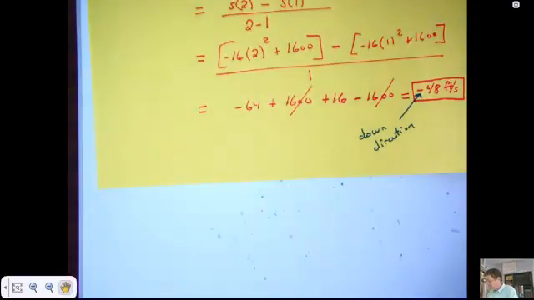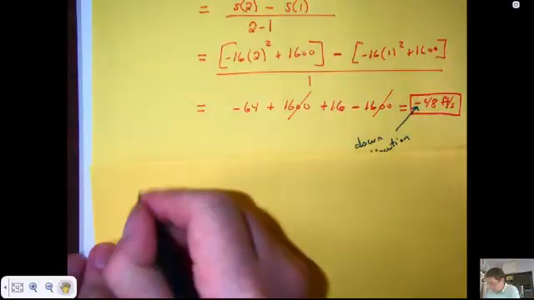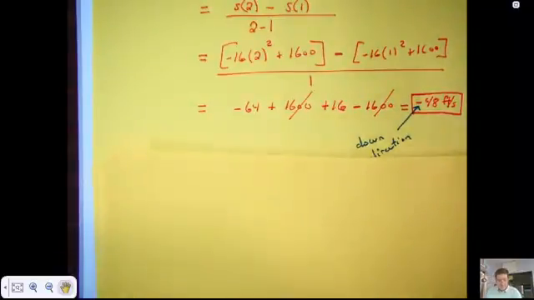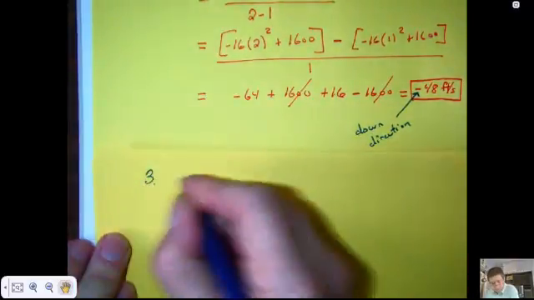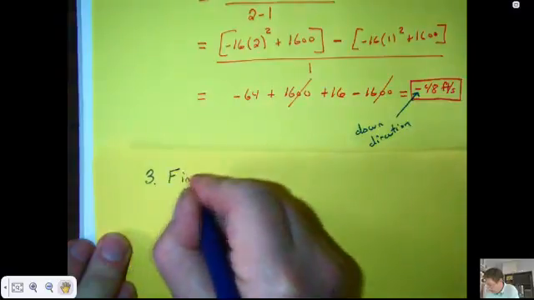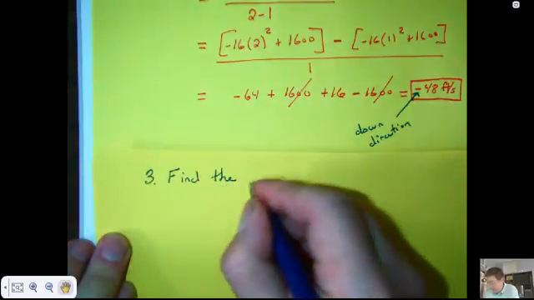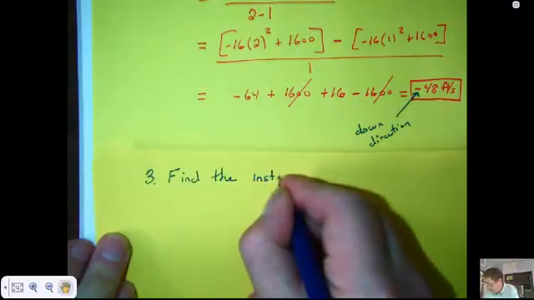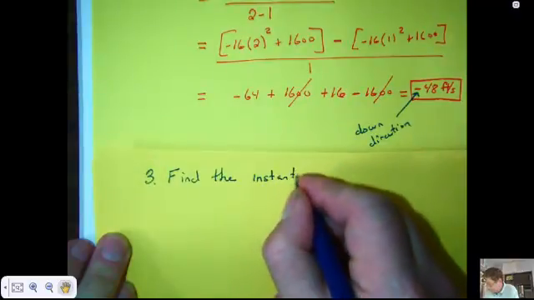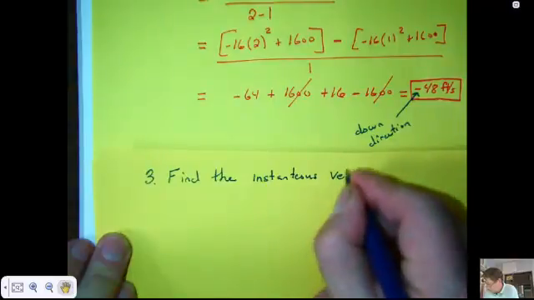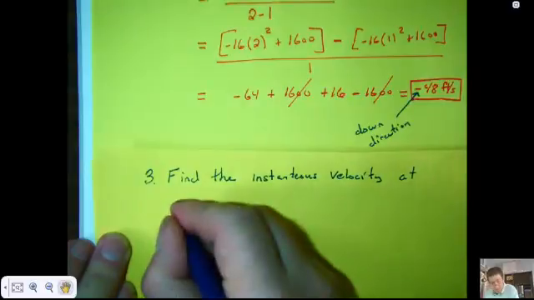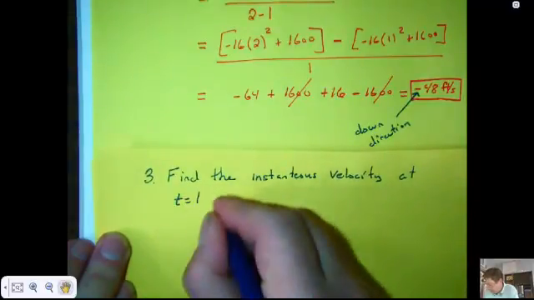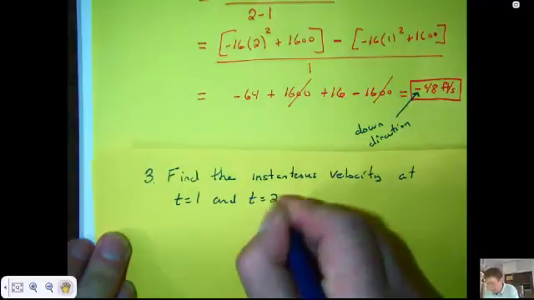Number 3. Okay, on 3 I want to find the instantaneous velocity at t equals 1 and t equals 2 seconds.